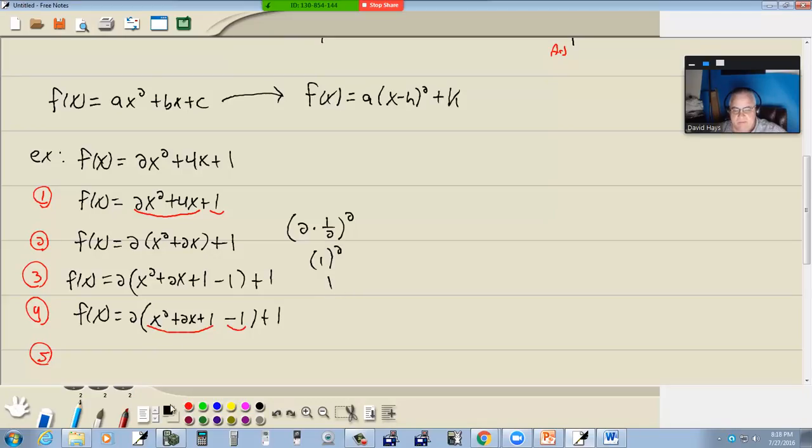Okay, that's 3b. And then 3c. Okay, so this factors as 2 times x plus 1 squared minus 1 plus 1.